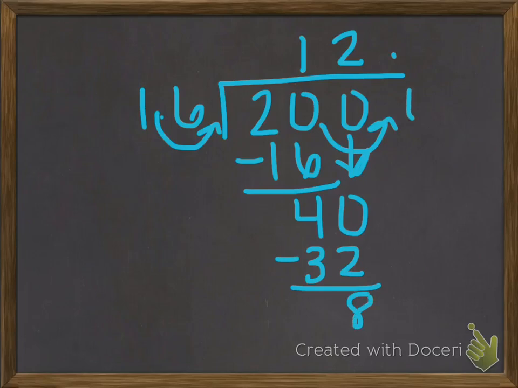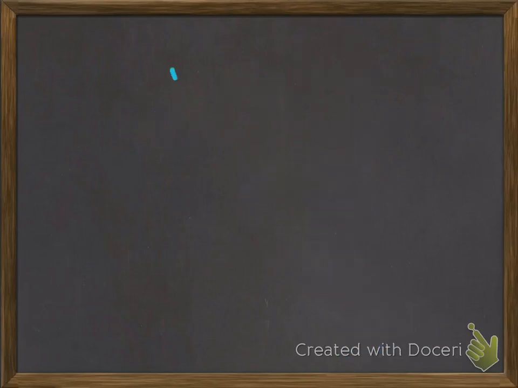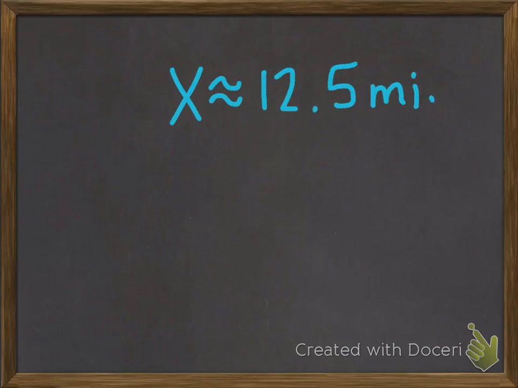That will leave me 8 left over. Since I have a remainder, I'm going to add a 0 and bring it down. And 16 will go into 80 5 times evenly. Therefore, X is approximately 12.5 miles.